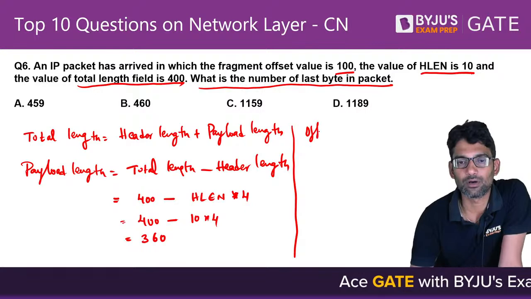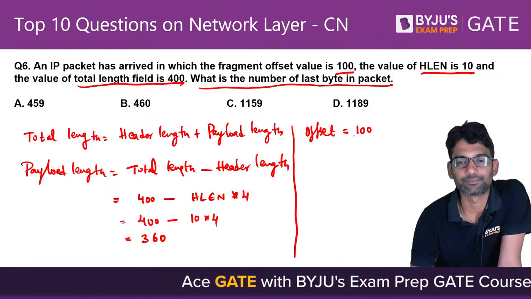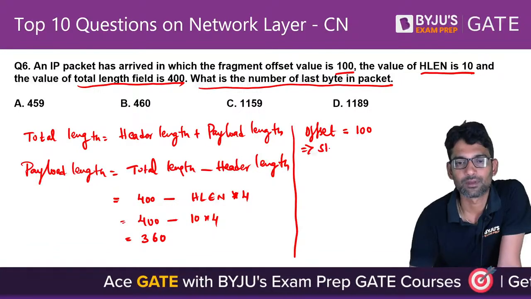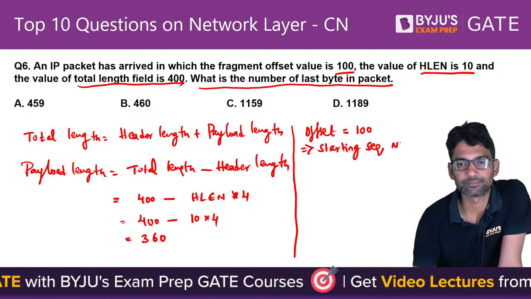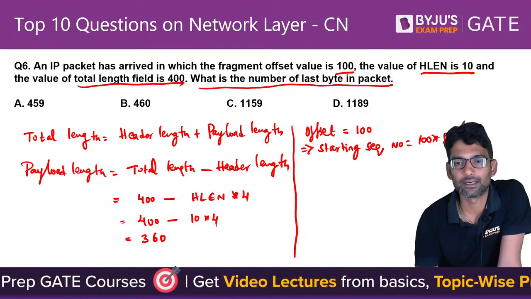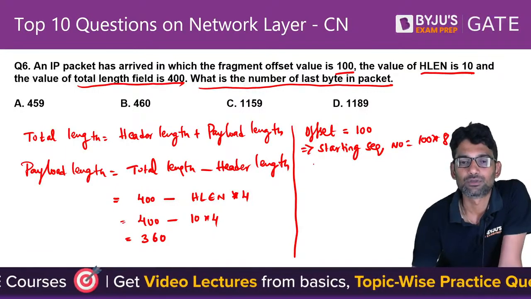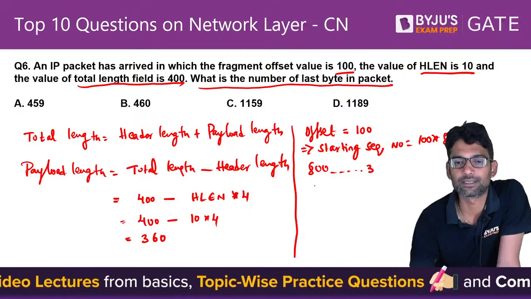It is given offset is equal to 100. That means starting sequence number is 100 into 8, 800. So from 800, just count 360 bytes.